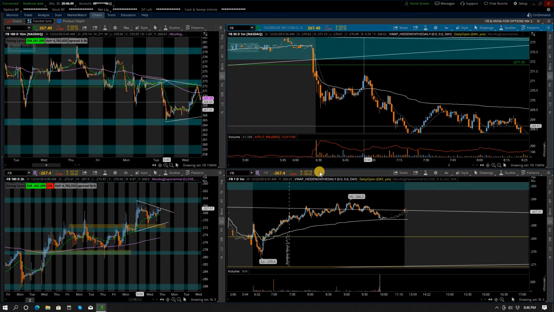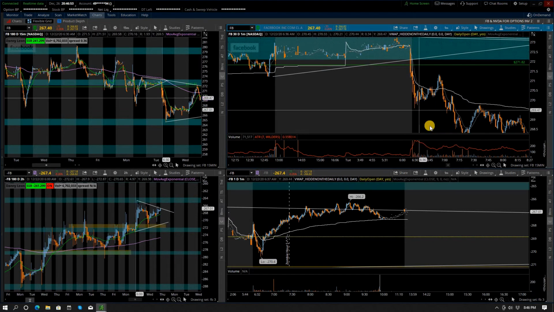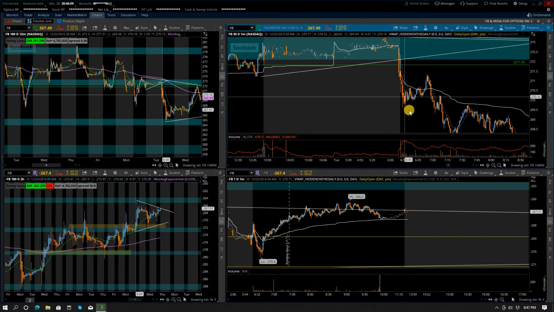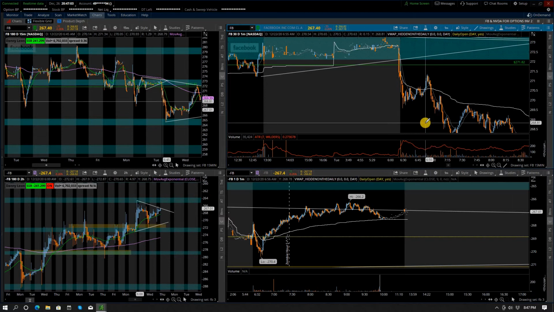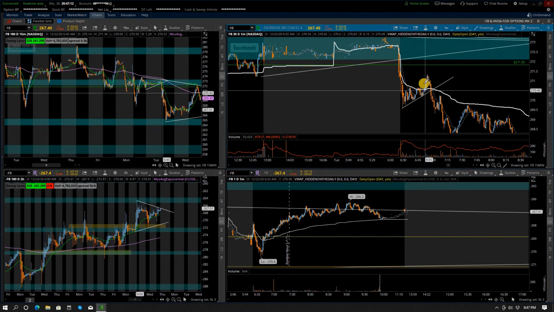But what I like to do is this, right? If it goes down without me, I'm okay. I don't like chasing. I don't like what I did here. That's why I cover my position. So I like to see some sort of trend line break. So this is what happened. I was waiting for price to trend up.